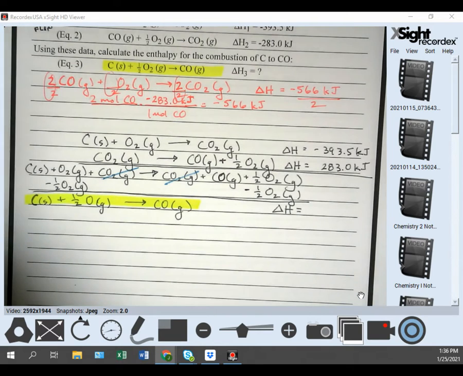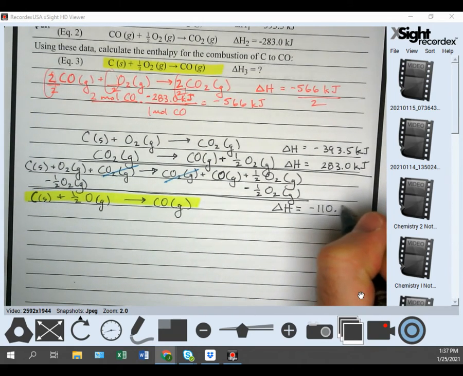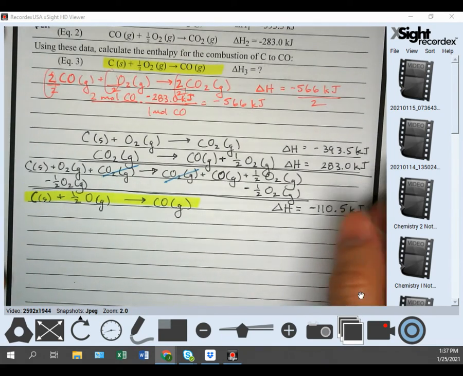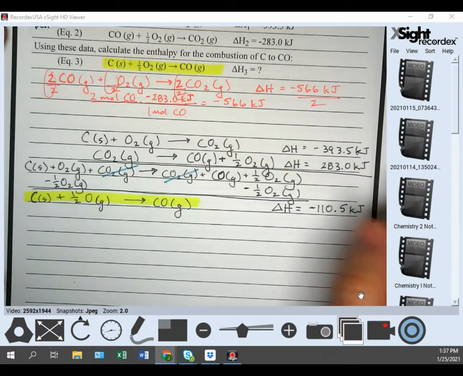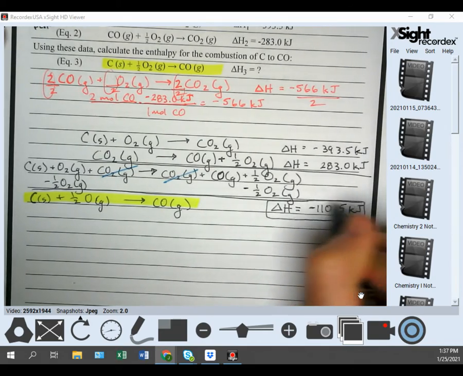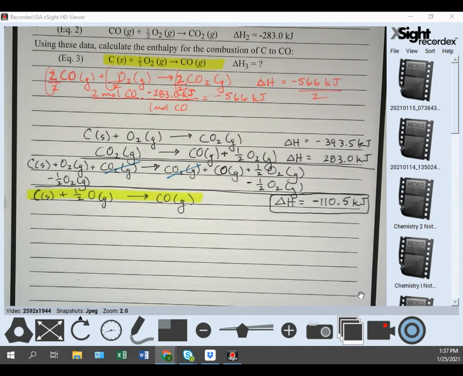So negative 393.5 plus 283 gives us a negative 110.5 kilojoules, which is technically our answer. Okay. Make sense? Questions so far?